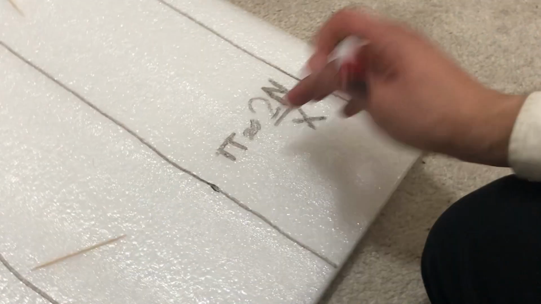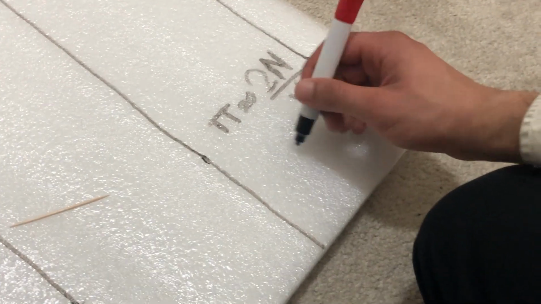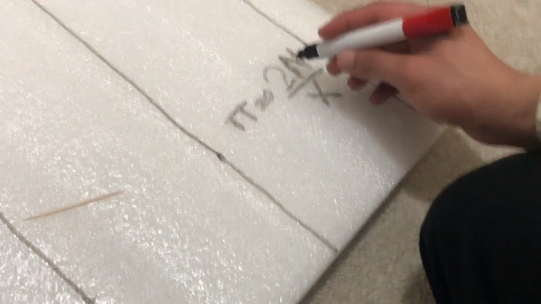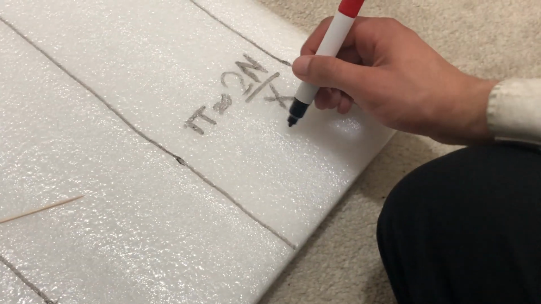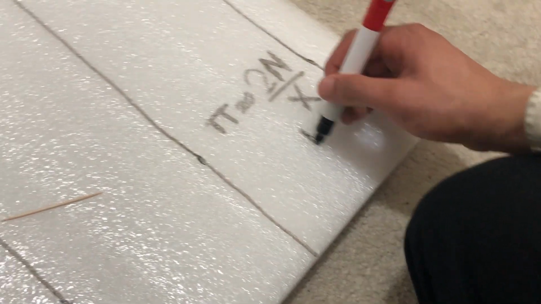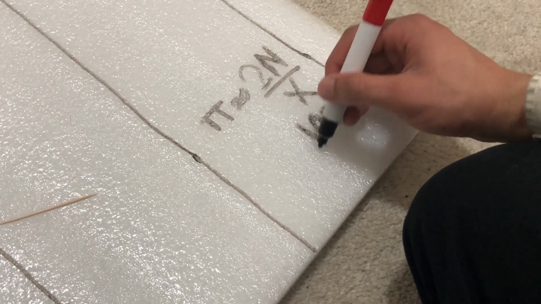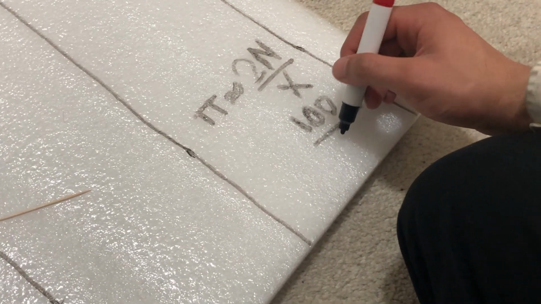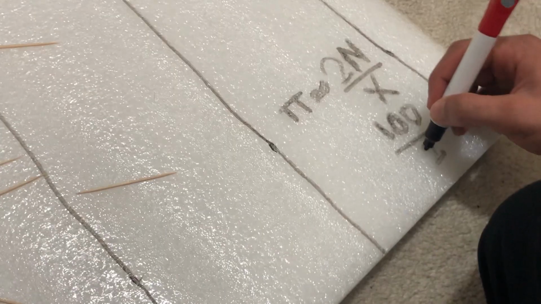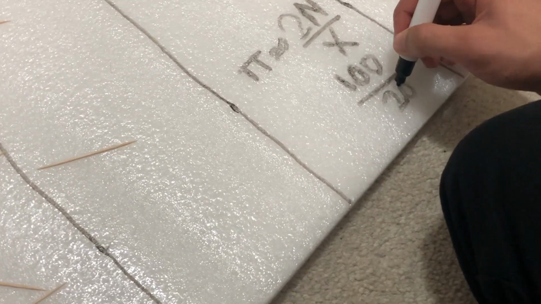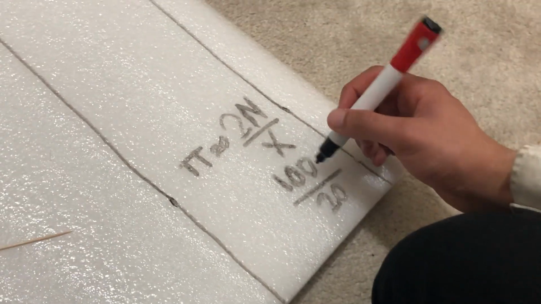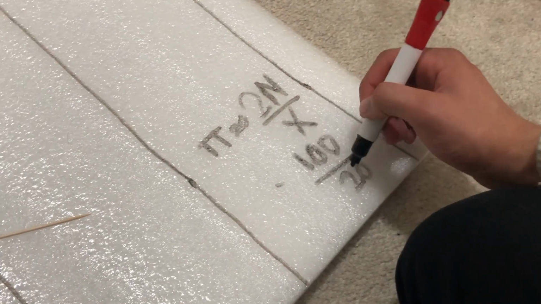So let me just do this. If it's not going to be 100, then we'll just decrease it to 50. 50 into 20, which should be probably 5. Yeah, 5.